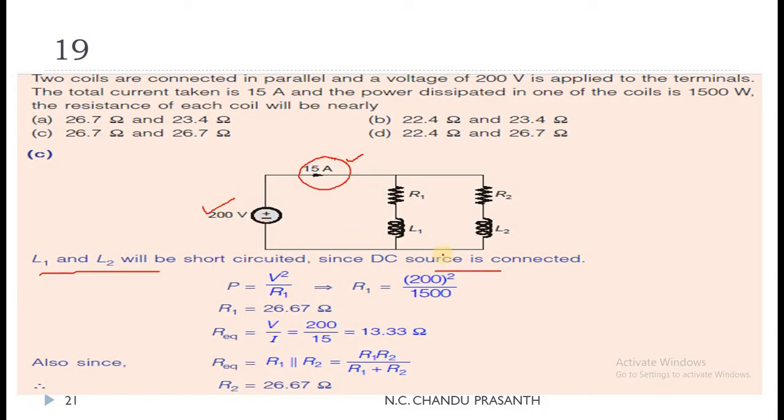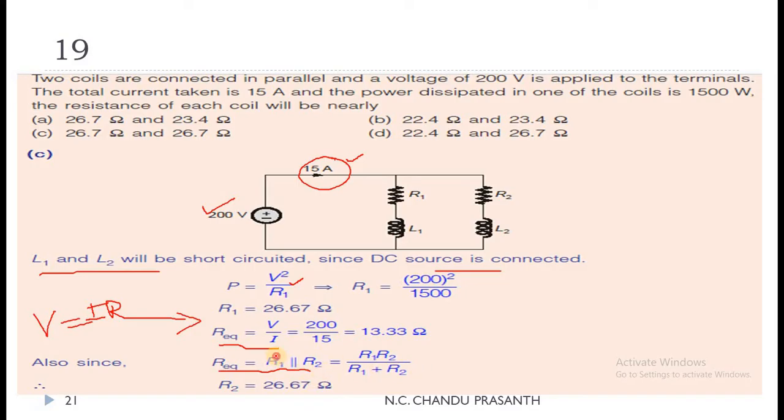Here it is the DC source, no? So these two are short circuited. Then power P equal to V square by R1. From this, the value of voltage V is already given. From this we can get the R1 value and the R equivalent value. We already know the formula V equal to I into R. From this, R equivalent equal to V by I. Then R equivalent equal to R1 parallel R2.